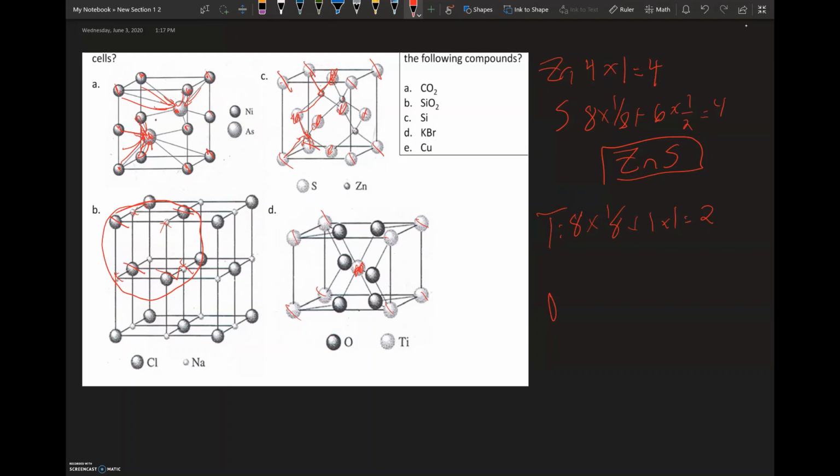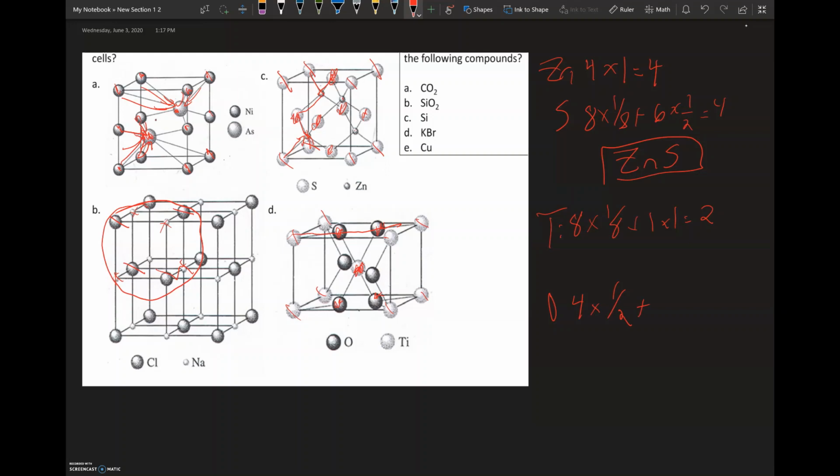Now let's look at the oxygens. There are 2 different types of oxygens. You have an oxygen here, and here. Those are found on the face. You can see if I draw a line straight across, it cuts right through the middle of it. That's how I can tell it's on the face. There are 4 of those, and the value of the face is 1/2.